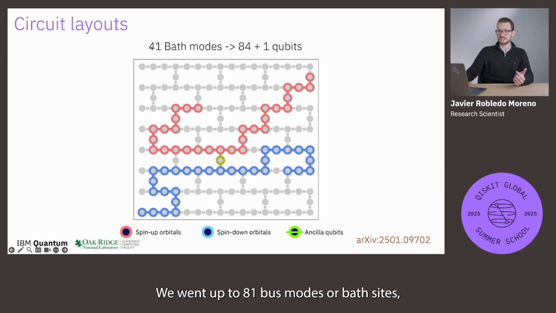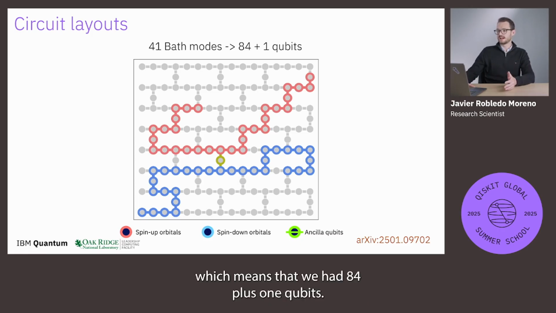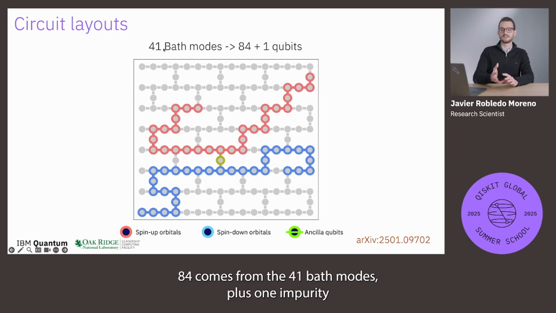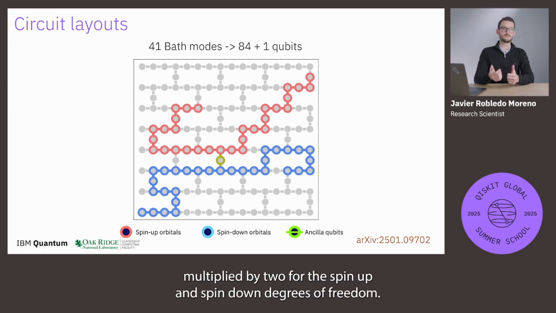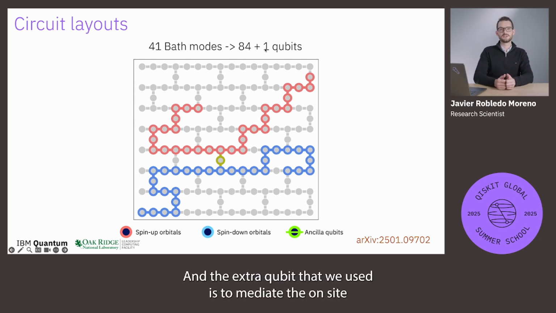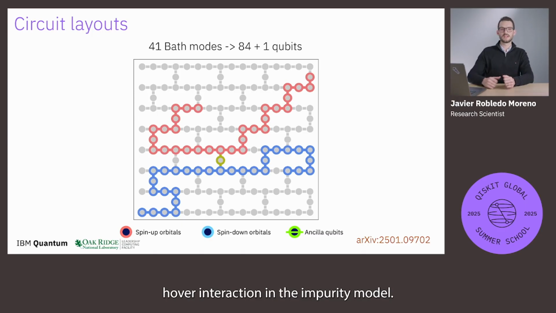We went up to 41 bath modes or bath sites, which means that we had 84 plus 1 qubits. 84 comes from the 41 bath modes plus 1 impurity, multiplied by 2 for the spin up and spin down degrees of freedom. And the extra qubit that we used is to mediate the on-site Hubbard interaction in the impurity model.